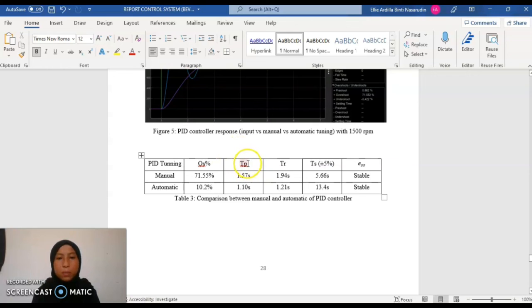For the TP, time peak, we got for manual 1.57 seconds, and for the automatic 1.10 seconds. For the TR, we got for manual 1.94 seconds, and for the automatic 1.20 seconds. And for the TS, settling time, we got for manual 5.66 seconds, and for the automatic 13.4 seconds. And for the ESS, we got the result that both manual and automatic are stable.